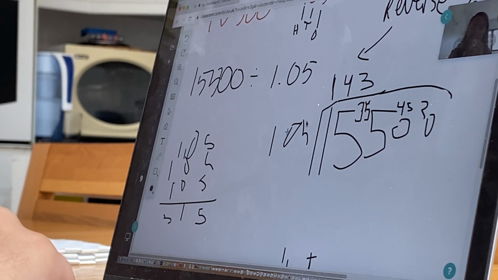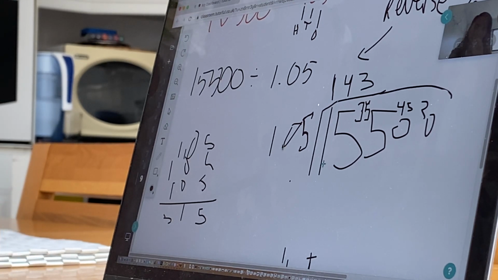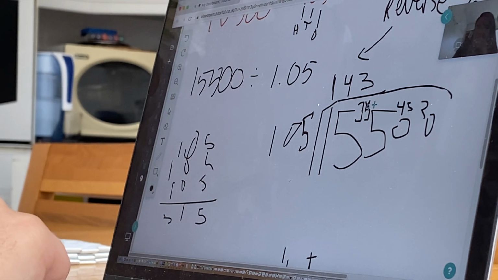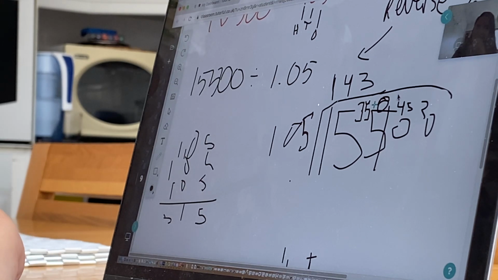Maybe if we try and do it without the hundreds, that might be helpful. 1 and then we have 4. Because then 1, and then you have the remainder. So this 5 is then divided away. And then you have 4 going into this 5 here. So this one is divided away.